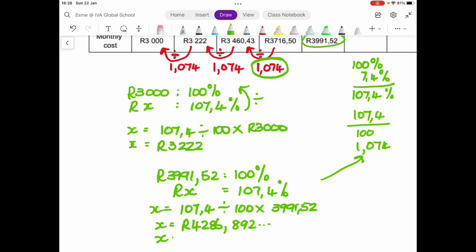Remember, round off in your last step. So the groceries would then cost 4,286.89 per month in 2016.